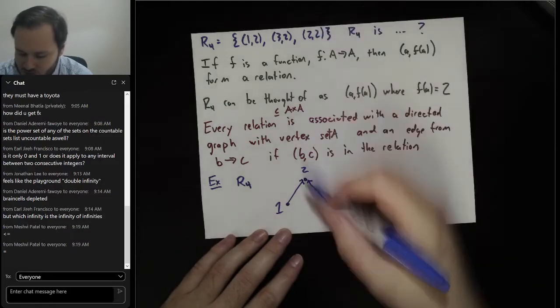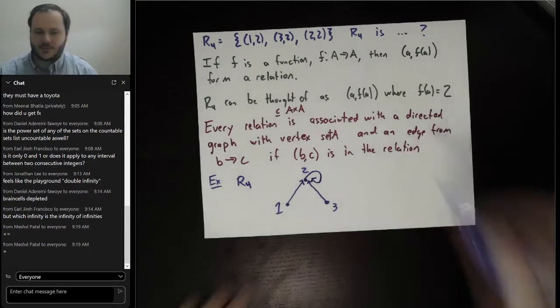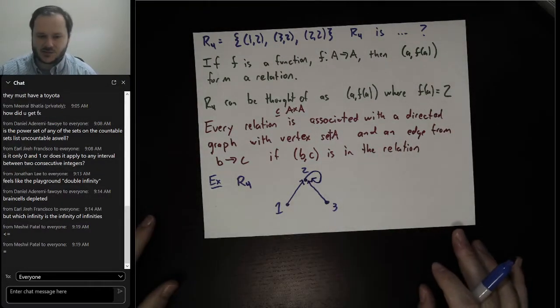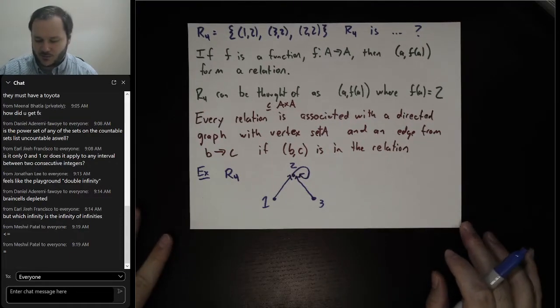And (2,2) is in my relation, so it gets a loop. These are directed graphs. Directed graphs are allowed to have loops. It's not just our simple graph, the graph we were working with before.